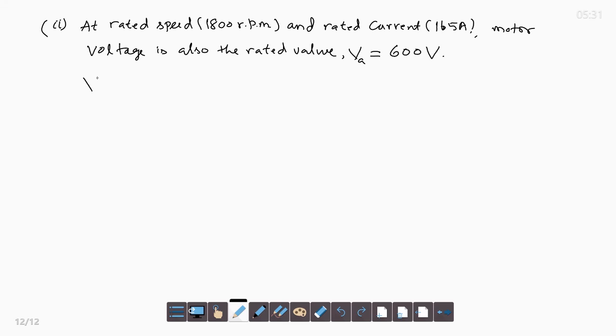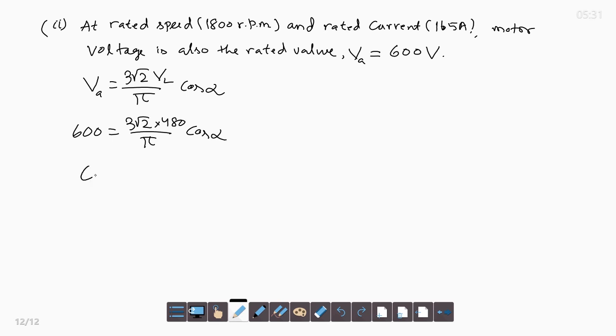Then V A is 3 into root 2 V L by pi cos alpha. V A is 600 volt, and this equals 3 into root 2 into 480 by pi cos alpha.